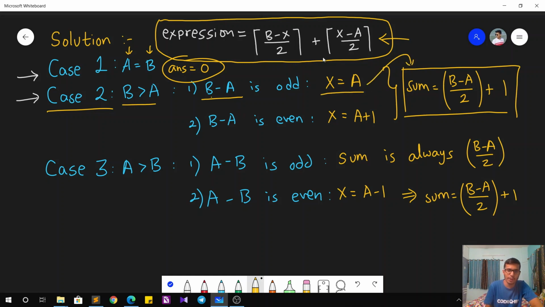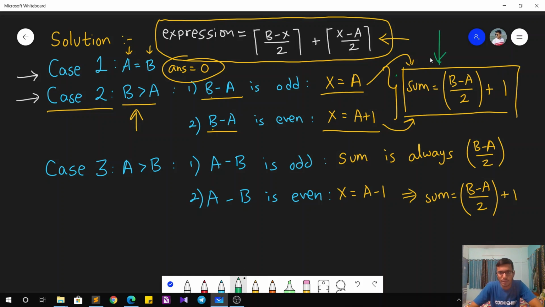In the other case, if b minus a is even, choose x as a plus 1 and then again you will get this as the sum. So in any case, if b is greater than a, the answer is always (b minus a) divided by 2 plus 1.